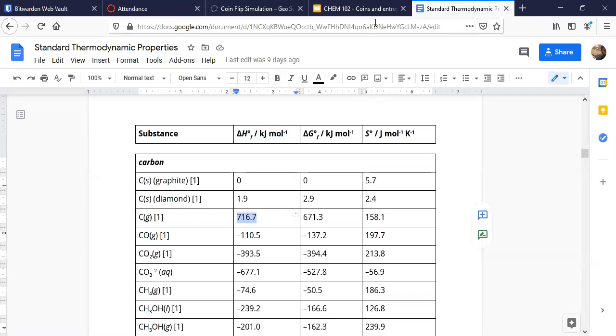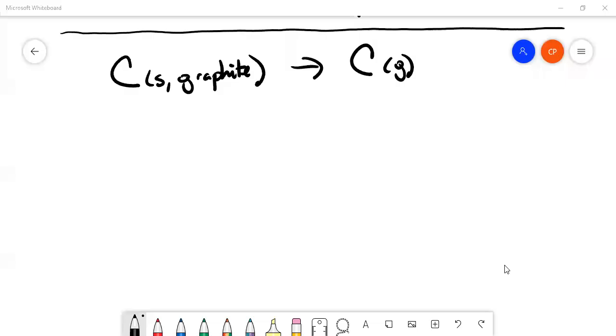Okay? And I can take this statement from my table and I can write down on my table what the enthalpy of formation for this is.